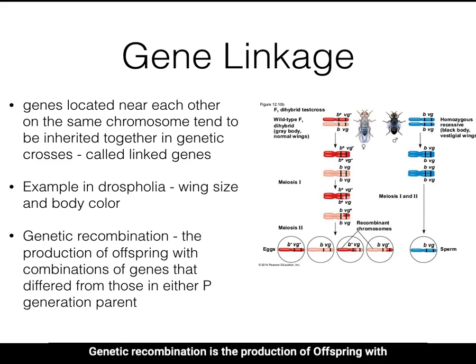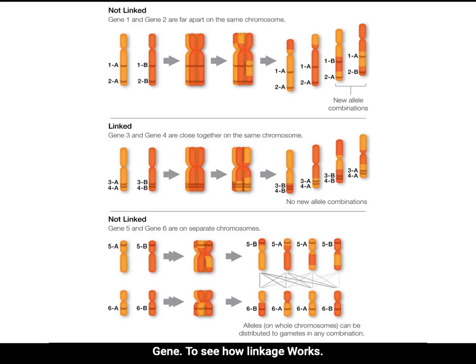Genetic recombination is the production of offspring with a combination that's different than that of the parental gene. To see how linkage works, let's look at some specific genes. Two of the genes, 1 and 2, are relatively far apart in the top illustration.